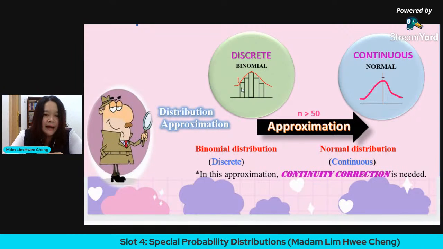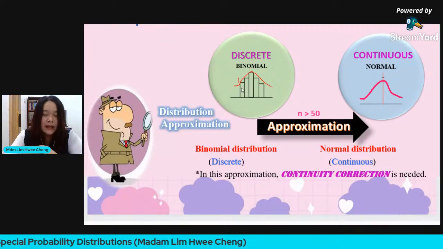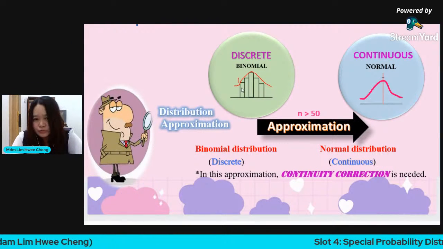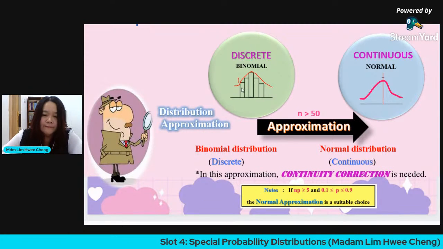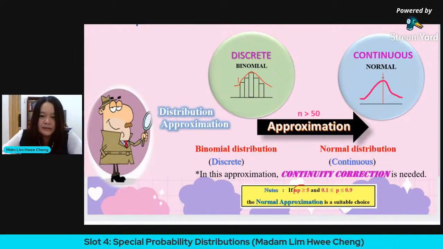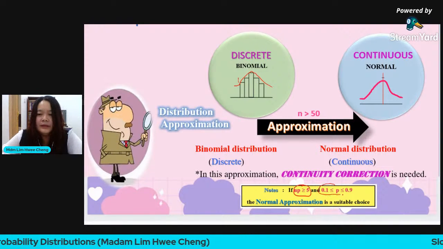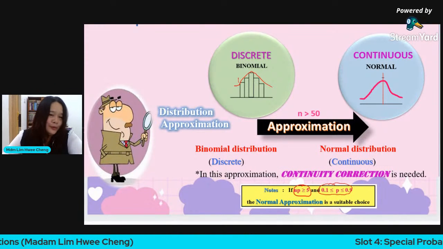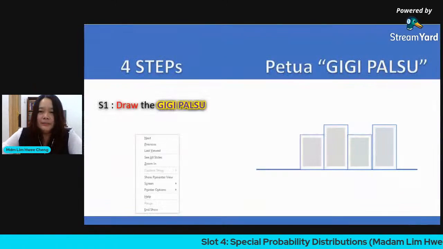Sometimes the question will ask when we are going to use the normal distribution as the approximation. The normal distribution is suitable to approximate the binomial distribution when your np is greater than 5, and the p, of course, should be in between 0.1 and 0.9. So this is the main thing.